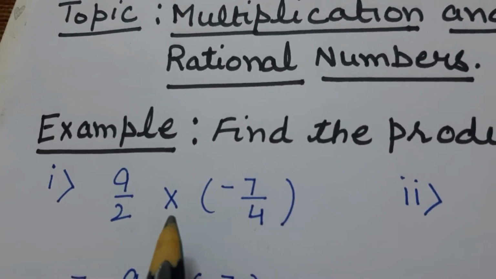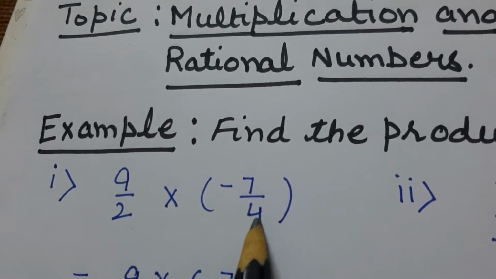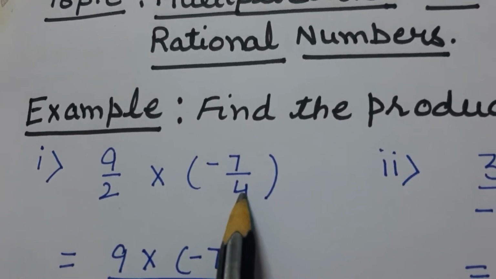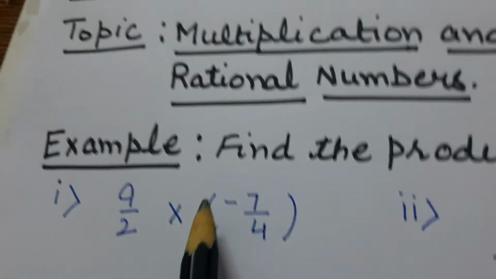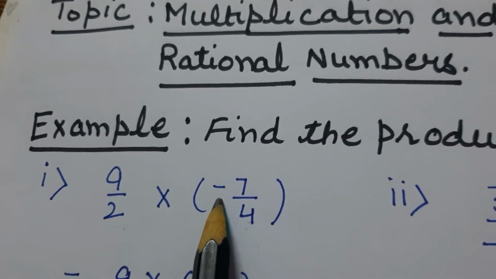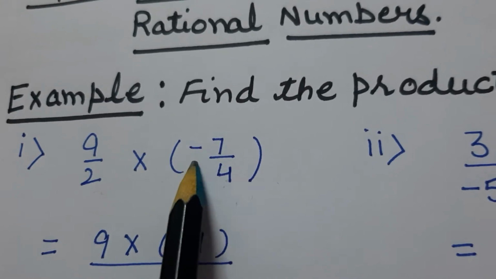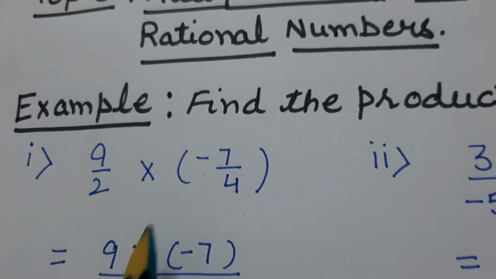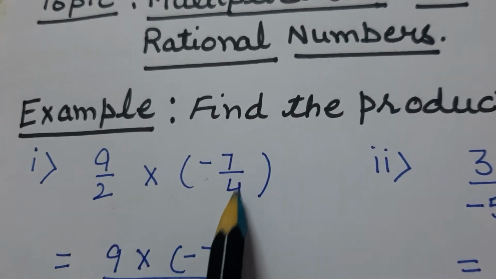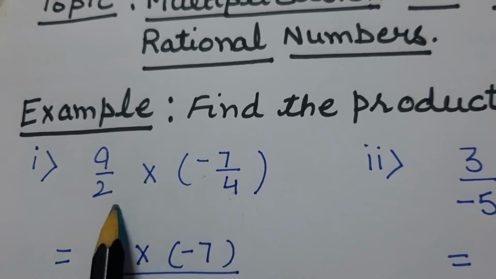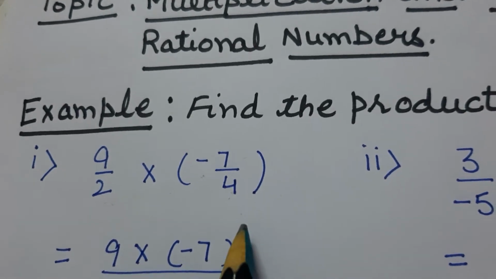Students, if you remember, this is the same as you have done in fractions, multiplication of fractions. The difference is only the sign. First we will see, is there any common factor between numerators and denominators?